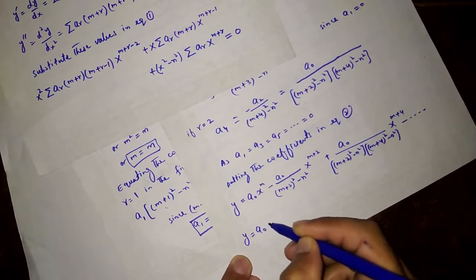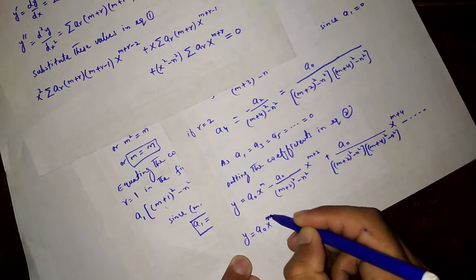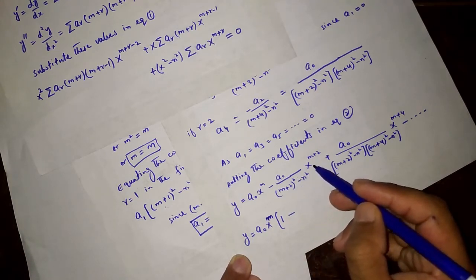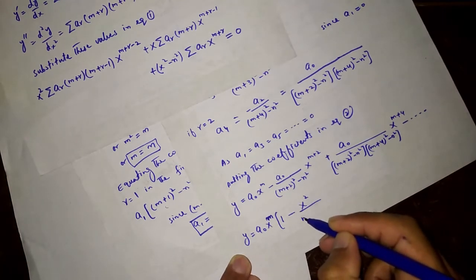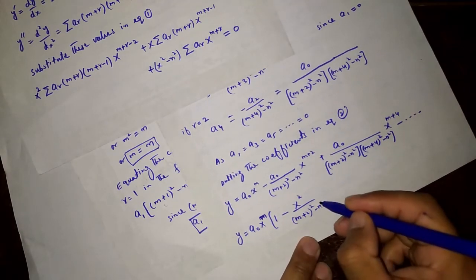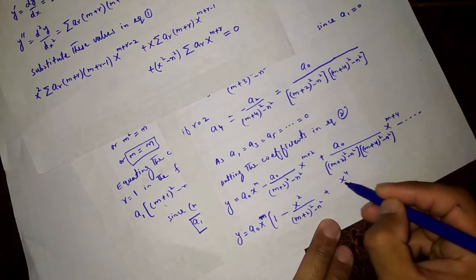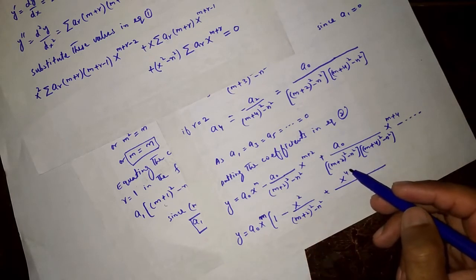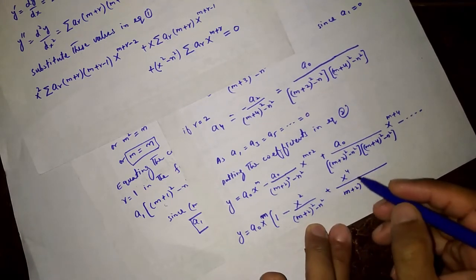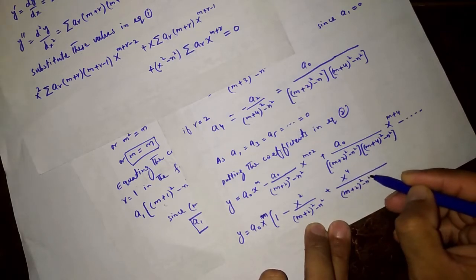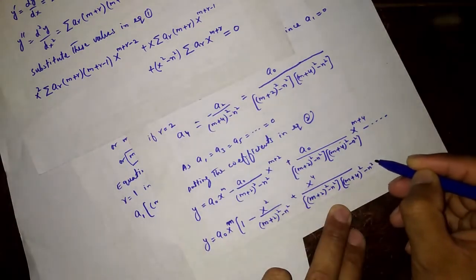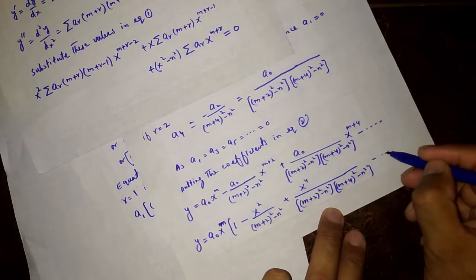Y will be equal to a naught x to the power m, and we will be left here with 1 minus x square divided by m plus 2 whole square minus n square, plus x to the power 4 divided by m plus 2 whole square minus n square times m plus 4 whole square minus n square, minus and so on.